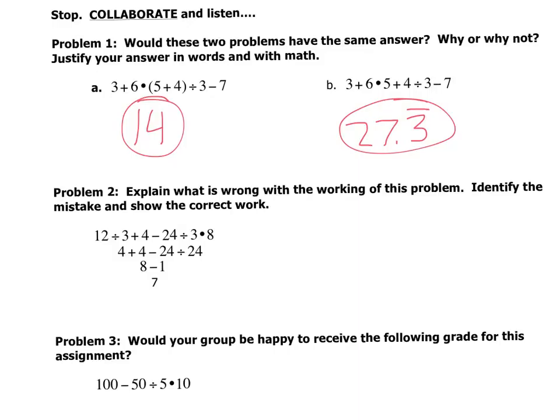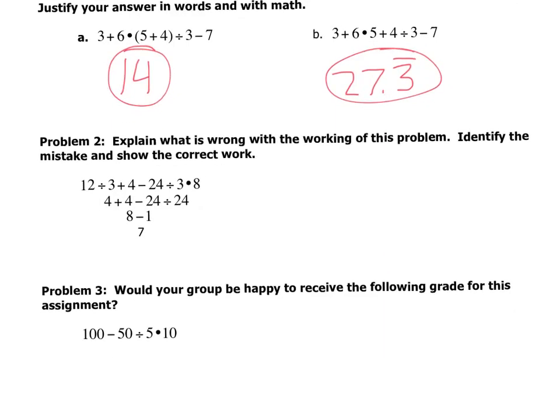Okay, can somebody go in a little more depth and tell me why that makes it different? Because you do that first. What? You do what first? The parentheses first, right? So A, obviously on B, I wouldn't start with 5 plus 4. That's probably like the last thing I would do, or one of the last things I would do. But when I put it in parentheses on A, that changes the game, right? So parentheses are big time, right? They change things a lot. So be aware of that.